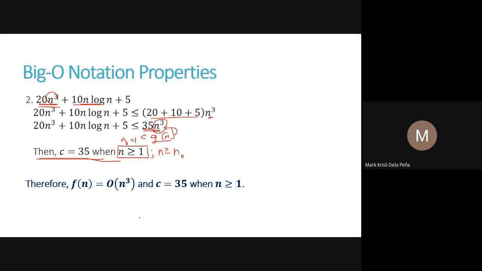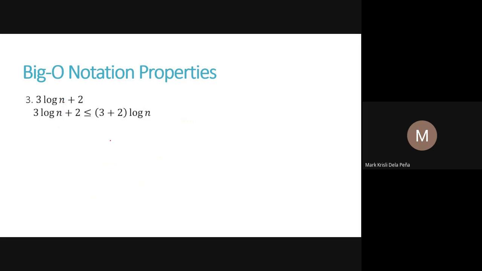Which means our c g of n, compared to f of n, will be 35 n cubed. If you graph this one, this should be larger compared to 20n cubed plus 10n log n plus 5.